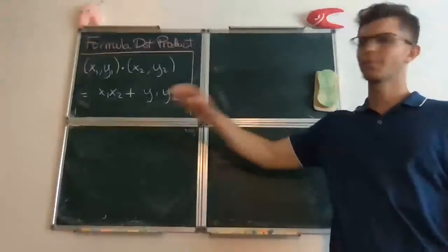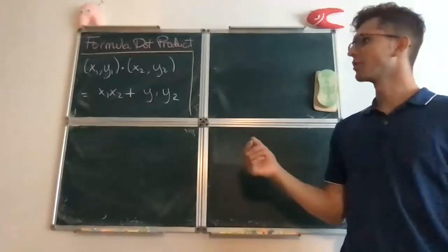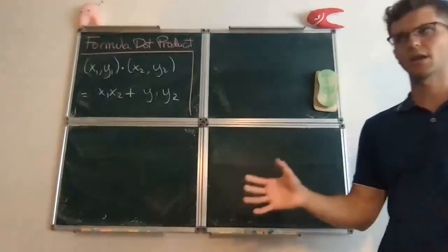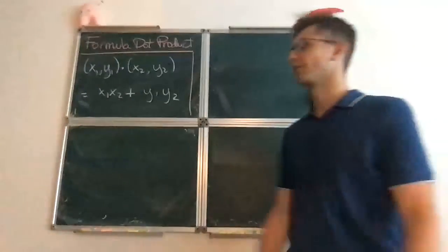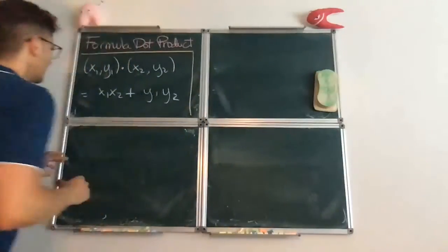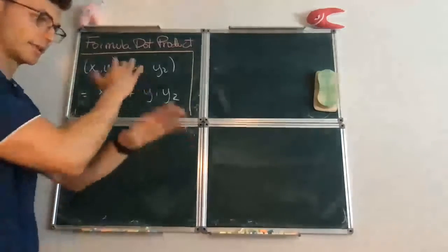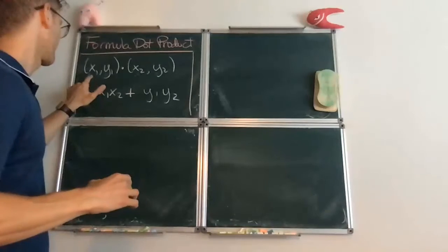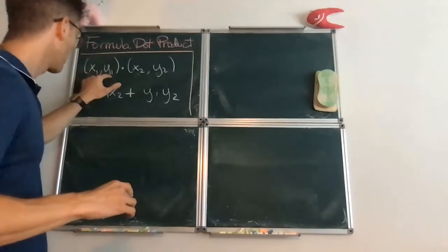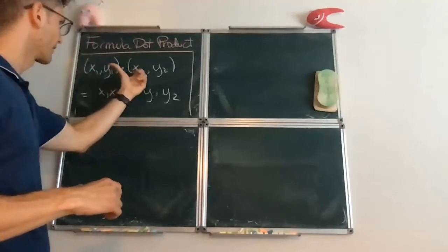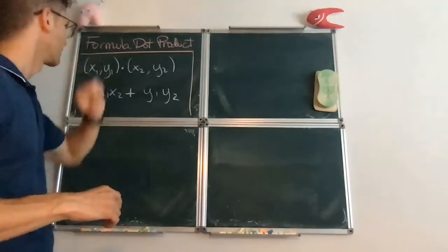Okay, so in the previous video, we found the formula for the dot product, the algebraic version of the formula. So here I'm thinking of a vector specifying a point in the xy plane. So vector has coordinates x1, y1. I have a second vector which has coordinates x2, y2.